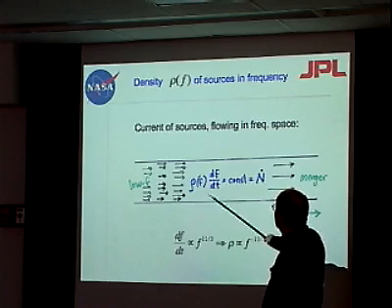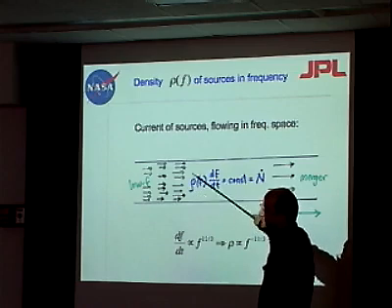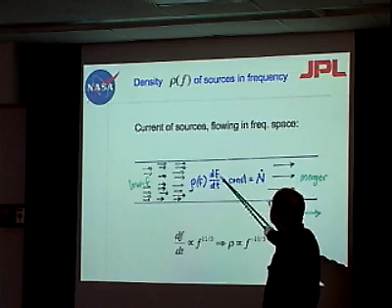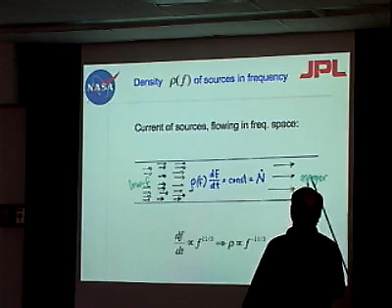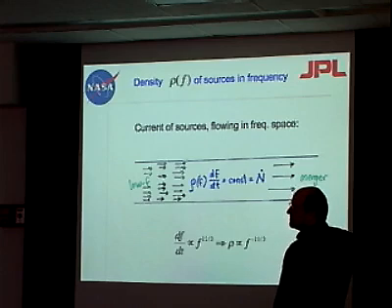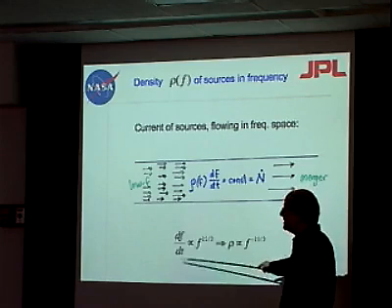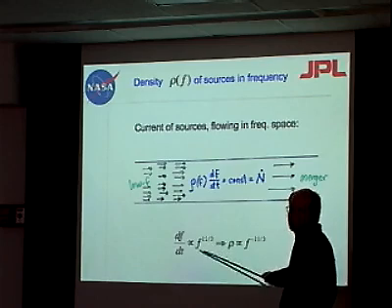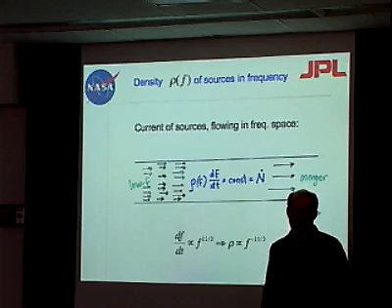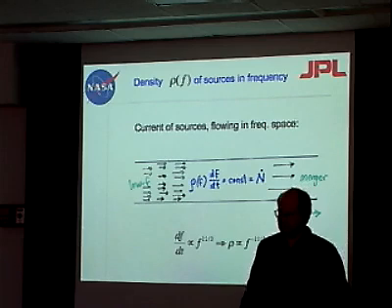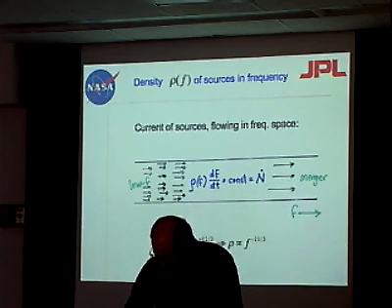So current conservation tells you that the density of sources per frequency times their df/dt has to be constant, and the constant is in fact the merger rate, how much comes out the other end, right? The df/dt for a binary goes like f to the 11/3, so the density goes like f to the minus 11/3. So you get many more at low frequencies at any instant.